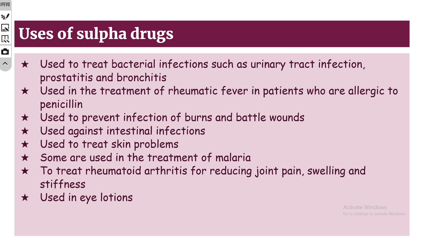Sulfasalazine is used in the treatment of a bowel disease called ulcerative colitis. Some are used in eye lotions. Some sulfur drugs are used for the treatment of rheumatoid arthritis, for reducing joint pain, swelling, and stiffness.